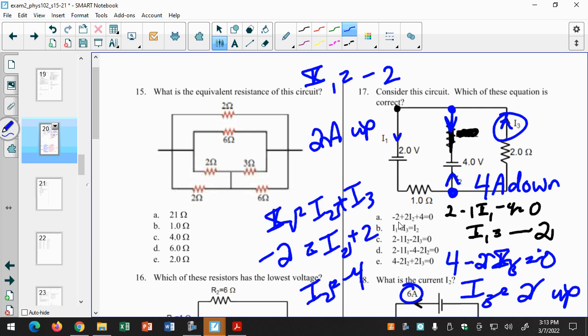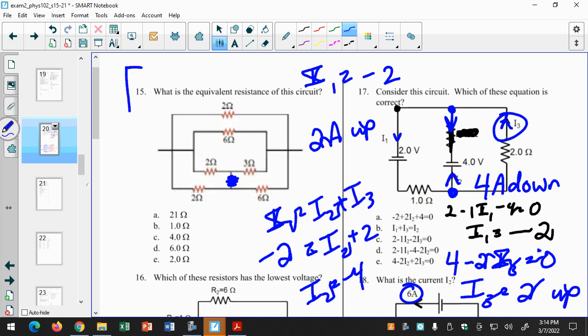Okay? Let me just say too that number 15, somebody asked about 15. This little thing right here is kind of wonky. That little wire makes it a little bit more complicated. You won't see one like that. Or if you did see one like this problem, it would be such that this wire would not be there. In which case, let me just show you what that would look like while we're here.